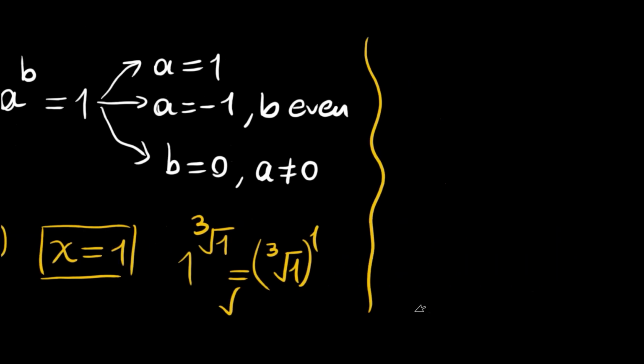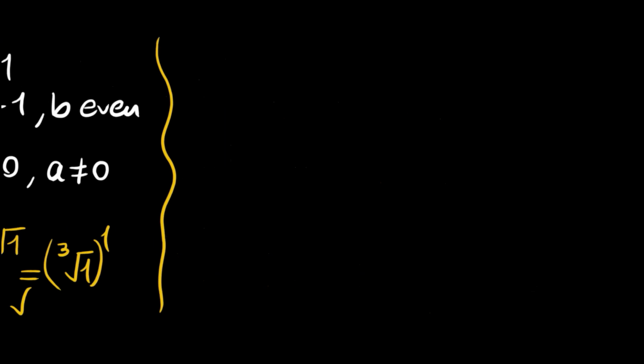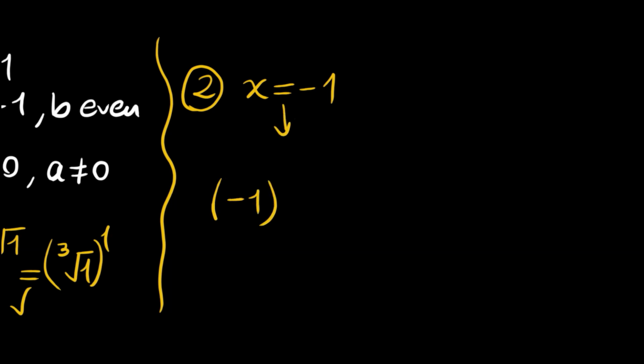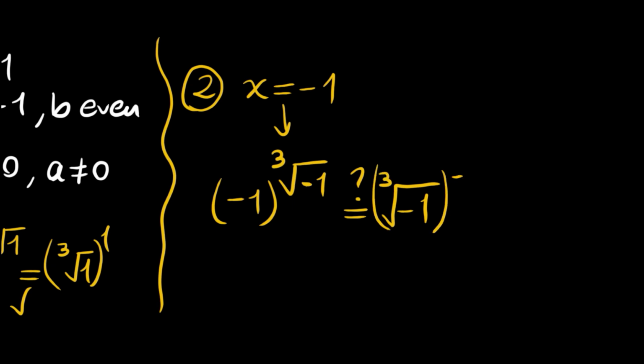The second is if the base is equal to -1. Let me check again. We have -1 to the power of the cube root of -1, and want to show whether this is equal or not to the cube root of -1 to the power of -1.